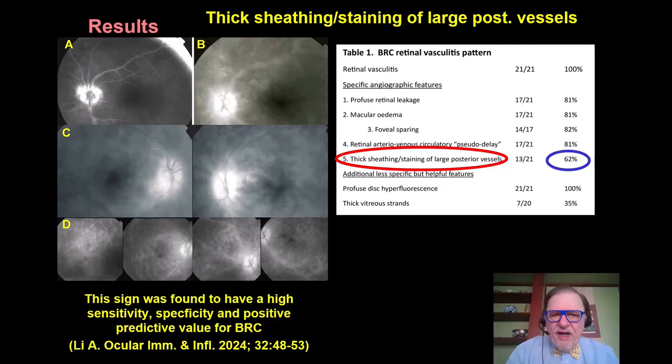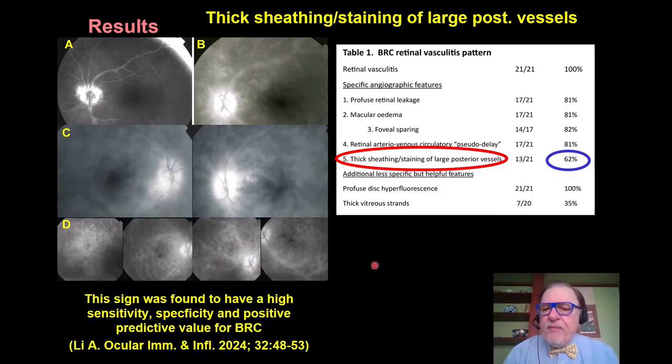Now, one other characteristic finding in retinal vasculitis due to birdshot is what we call the sheathing staining of large posterior vessels, which you can see very easily here, and in this case here, and in this case here.